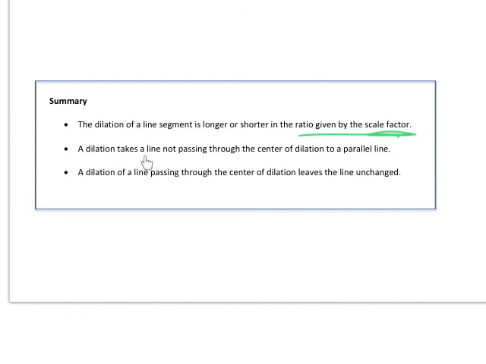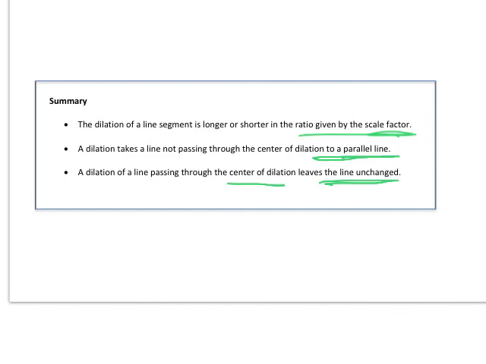A dilation takes a line not passing through the center to a parallel line. So if the center is not on the line itself, then a dilation of it is going to create a parallel line. However, if the center is on the line, then you're just going to get the same line again when you dilate it.